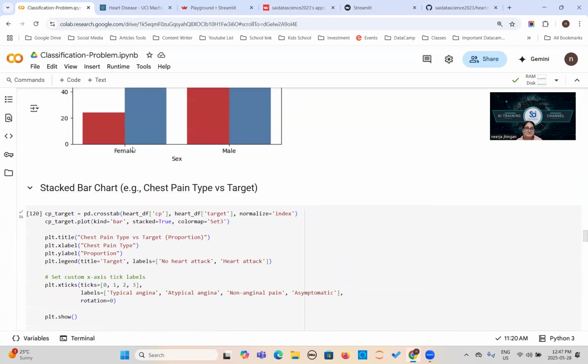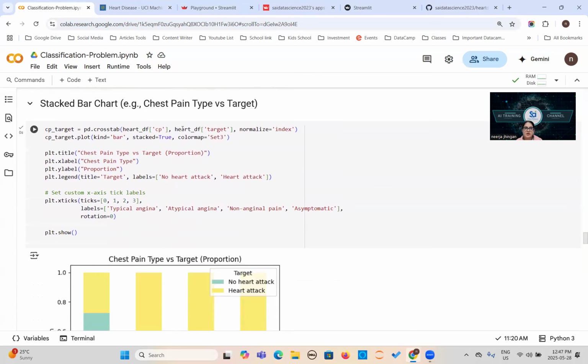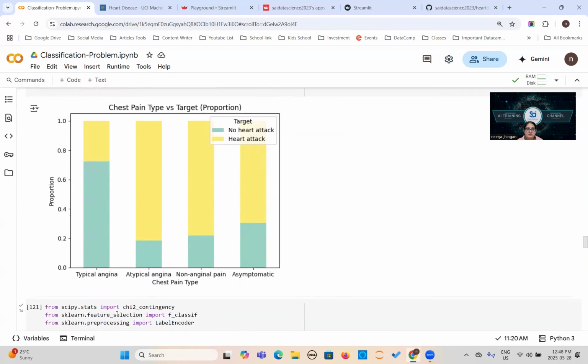And then a stacked bar chart. This is chest pain type versus your target. So what kind of pain has the high chances of heart disease? Here I'm using pd.crosstab for the chest pain type, and then we are normalizing the index, then plotting the stacked bar. So this is your typical angina type. Yellow means heart attack, green means no heart attack. Okay, so if the proportion is up to 70%, no heart attack.